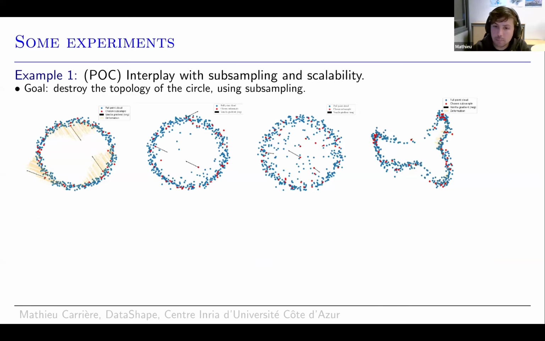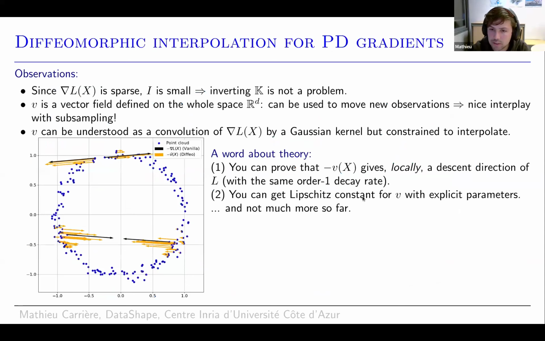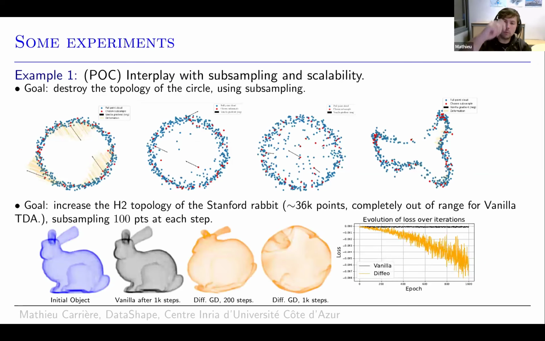Actually, that's also something I didn't mention because I didn't show the Lipschitz constant equation. I didn't show the explicit formula, but I think if you have a more complicated loss, you also have a bigger Lipschitz constant, which means the diffeomorphic interpolation that you're making might be more complicated and also a bit harder to control if you have losses that are more complicated than just moving one point outside of the diagonal or towards the diagonal.